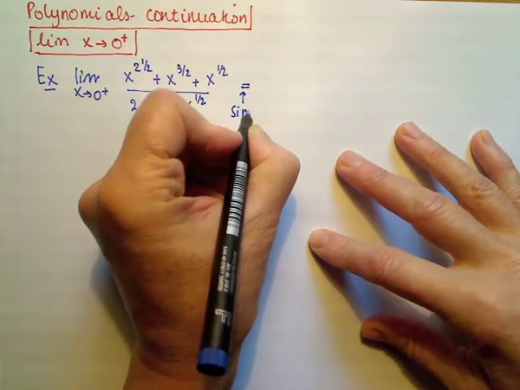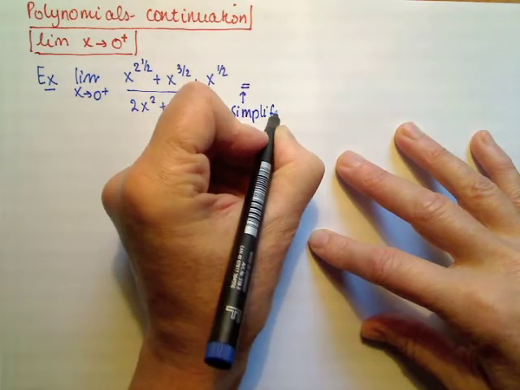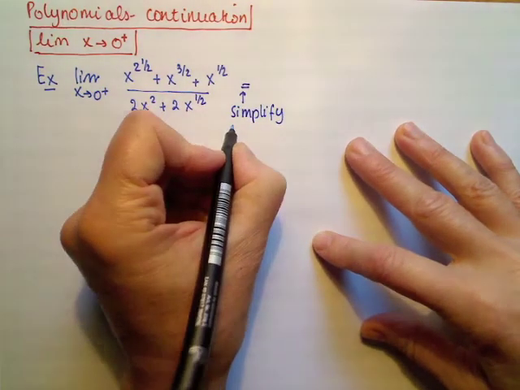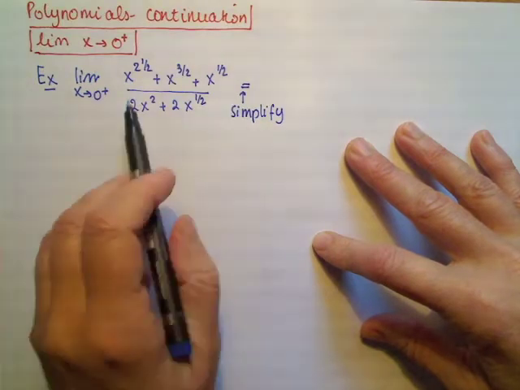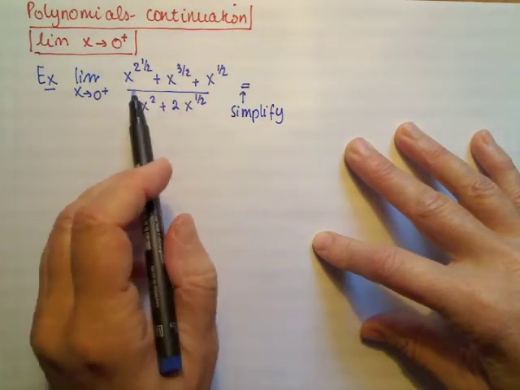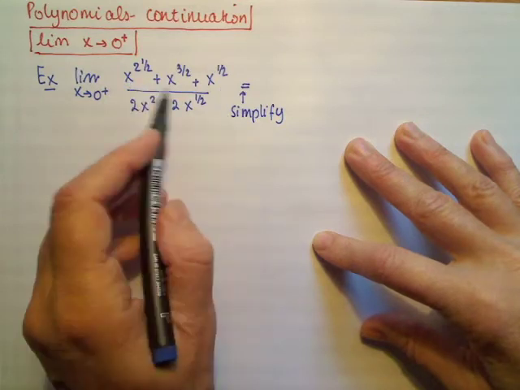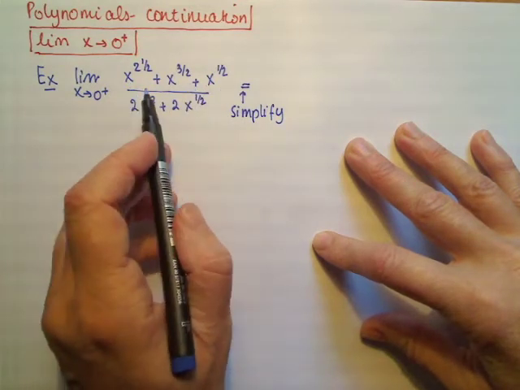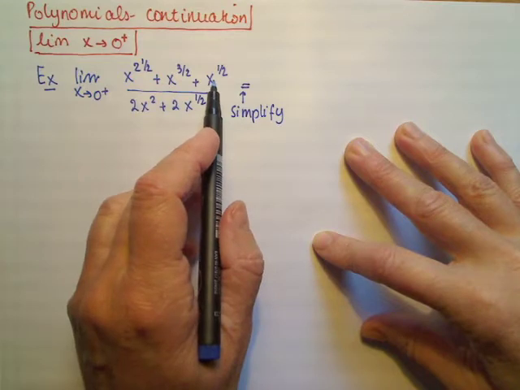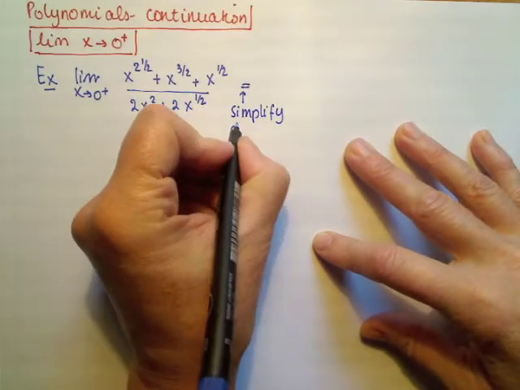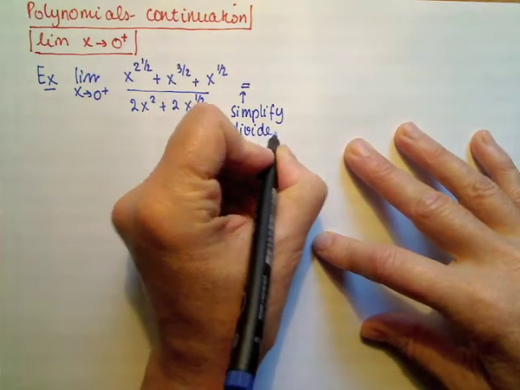So cancel common terms in both numerator and denominator. And if you look at this, well, you don't care about the constants, we only care about the powers of x. Now the common term in both numerator and denominator is x to the power 1/2.